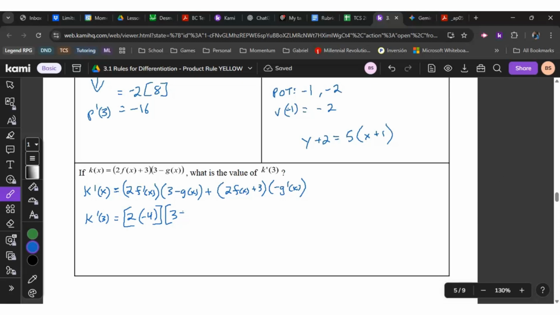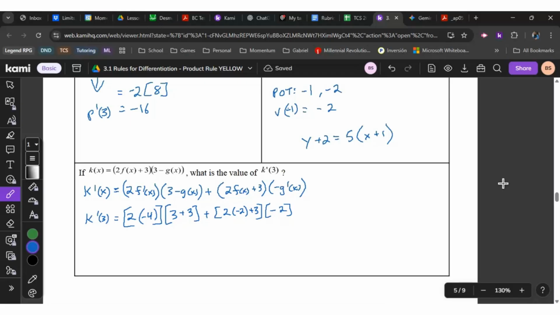So 3 plus 3 it becomes. All right, 2 times f of 3? Negative 2, okay. Plus 3. And then negative g prime of 3. What's g prime of 3? 2? So it's minus 2 then, right? Because it's negative g prime of 3.